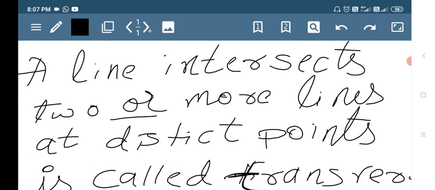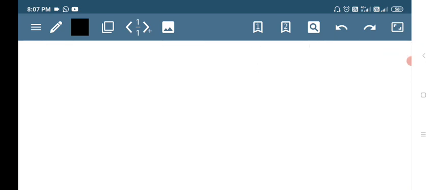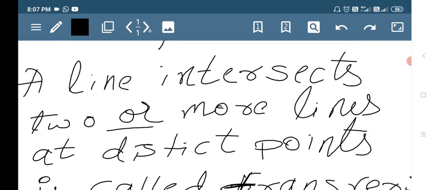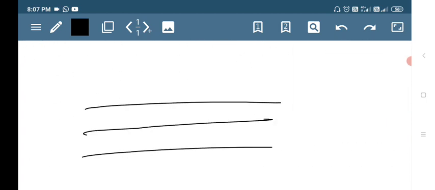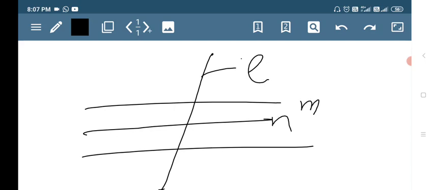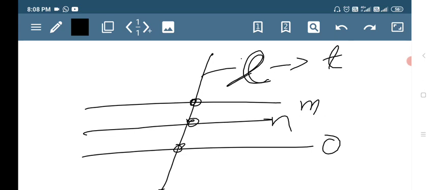What is a transversal? A line intersects two or more lines at distinct points. So a line L is intersecting M and N at distinct points, so then the line L is called a transversal. Understood?